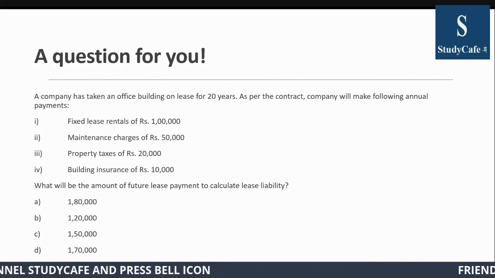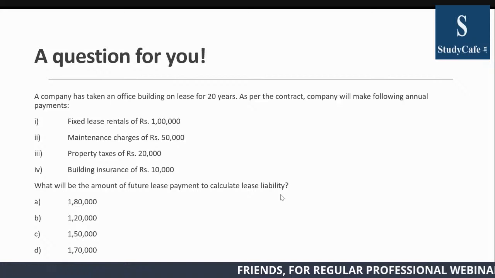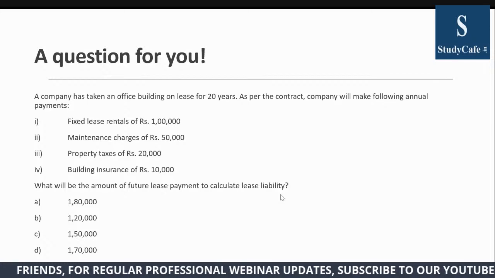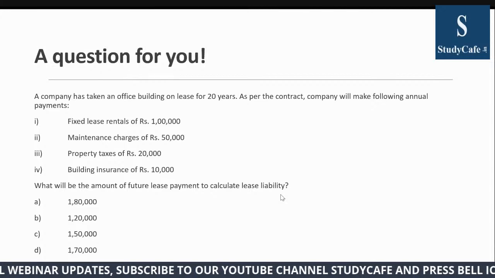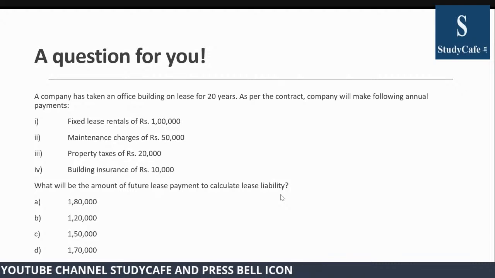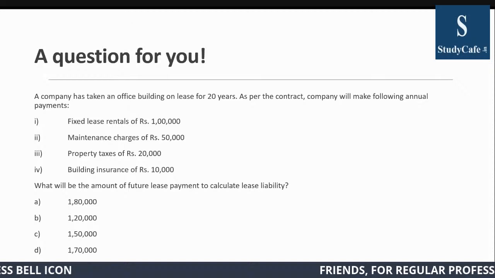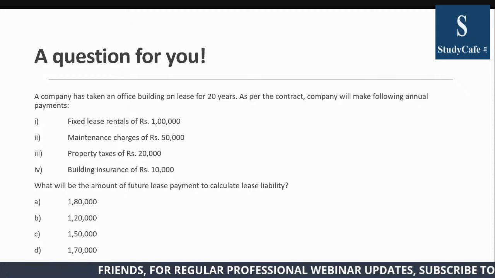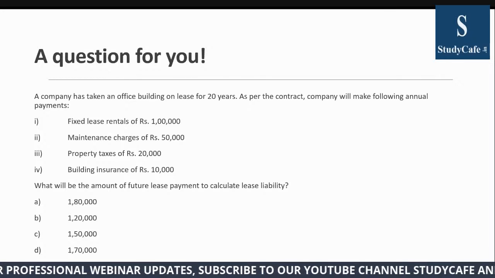Now, coming back to the question, there is a company which has taken an office building on lease for 20 years. As per the contract, the company will make the following annual payments: fixed lease rentals of 1 lakh, maintenance charges, which include the CAM charges or service maintenance charges, of 50,000, a property tax of 20,000, and a building insurance of 10,000.